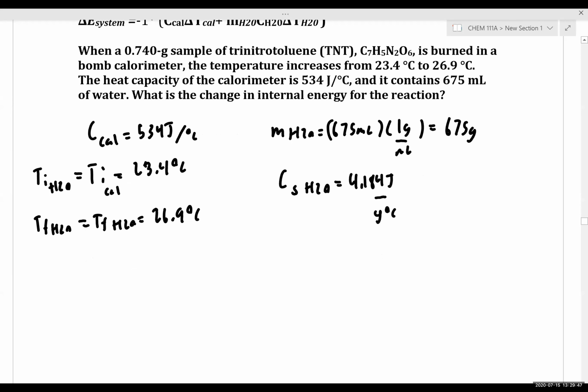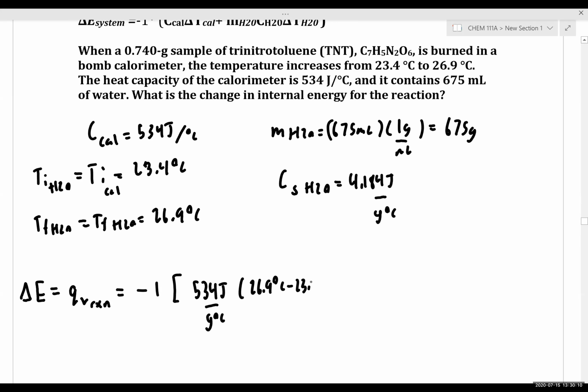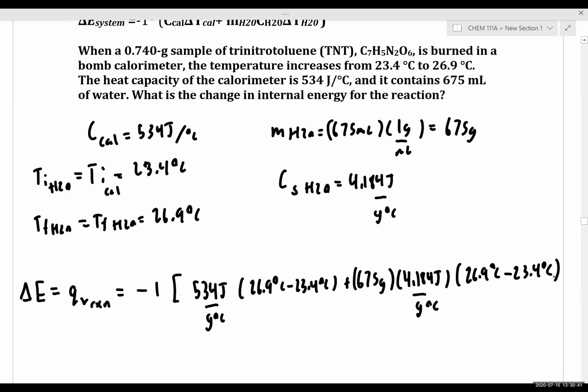Now punching this into our expression, the change in internal energy is equal to the heat of reaction, which is equal to -1 times the heat capacity of our calorimeter times T final minus T initial, plus the mass of water, which is 675 grams, times the specific heat of water, which is 4.184 joule per gram degree Celsius, times T final, which is 26.9 degrees Celsius, minus T initial, which is 23.4 degrees Celsius.